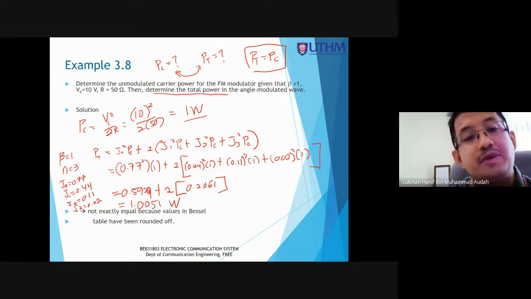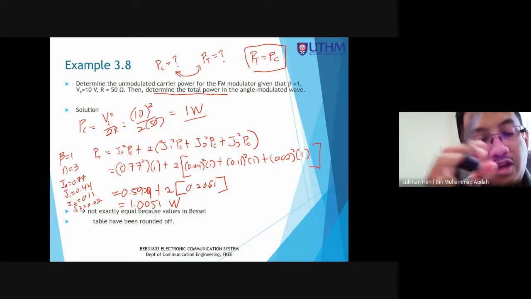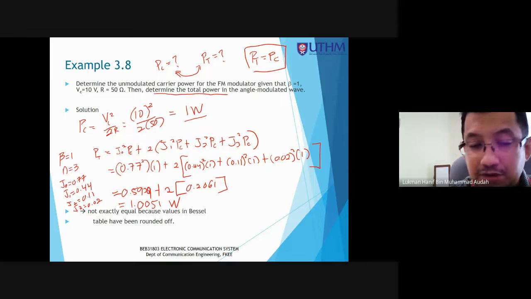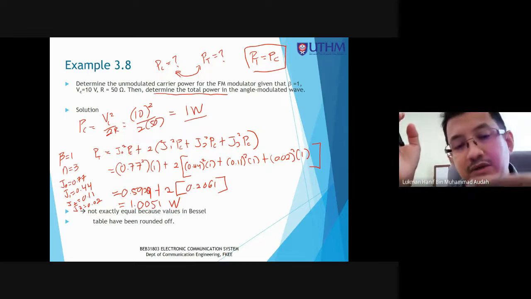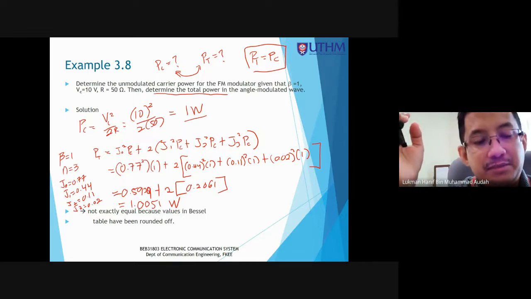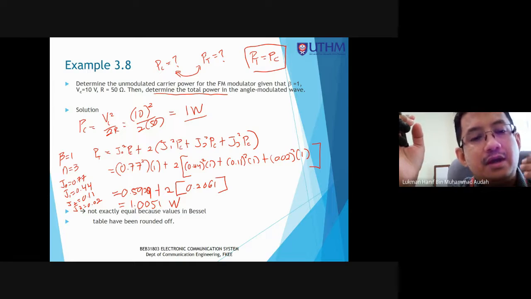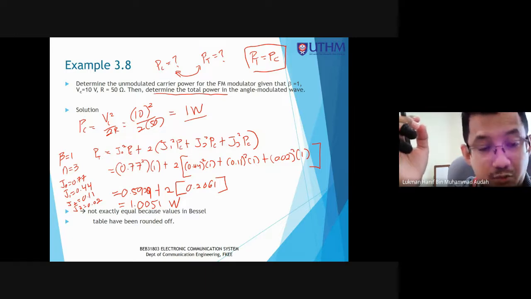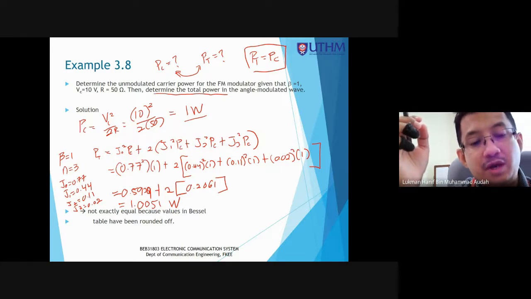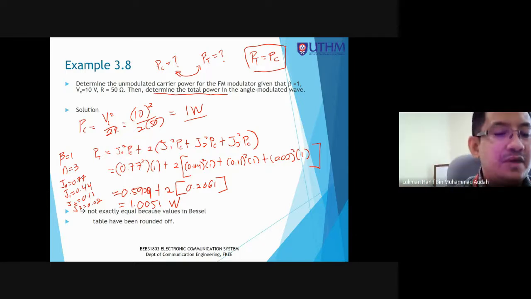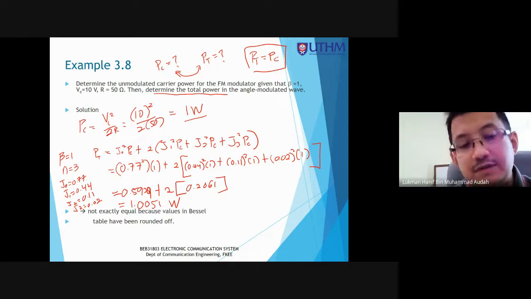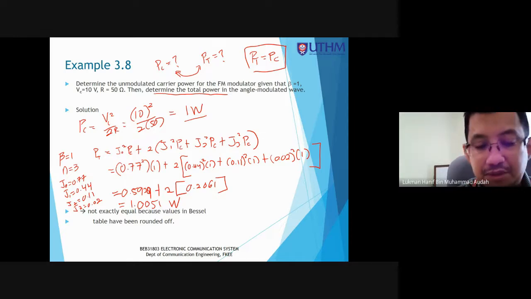Sangat sedikit perbezaannya. Why is it like this? Kenapa? Again, because the Bessel table in your notes has neglected the value less than 0.01. So that's why ada sedikit perbezaan. Okay, and this is to prove the previous statement.